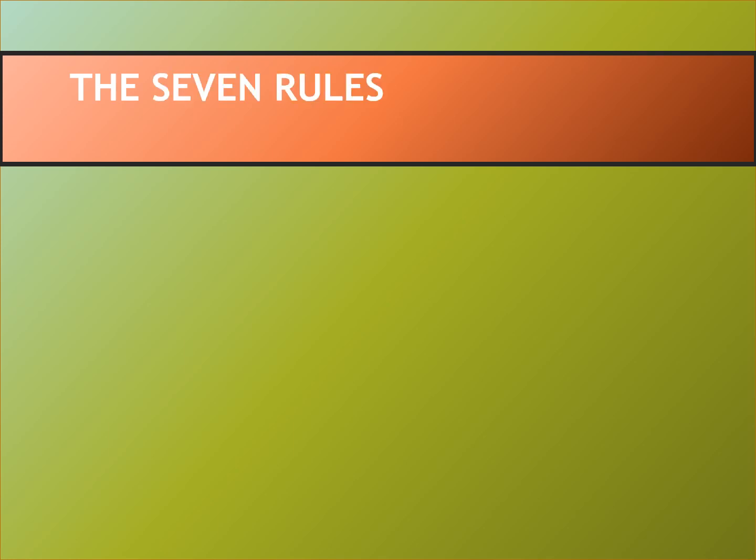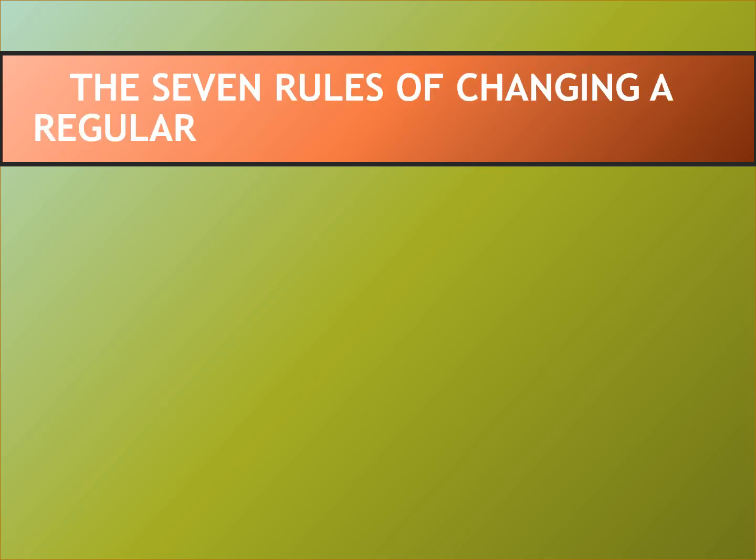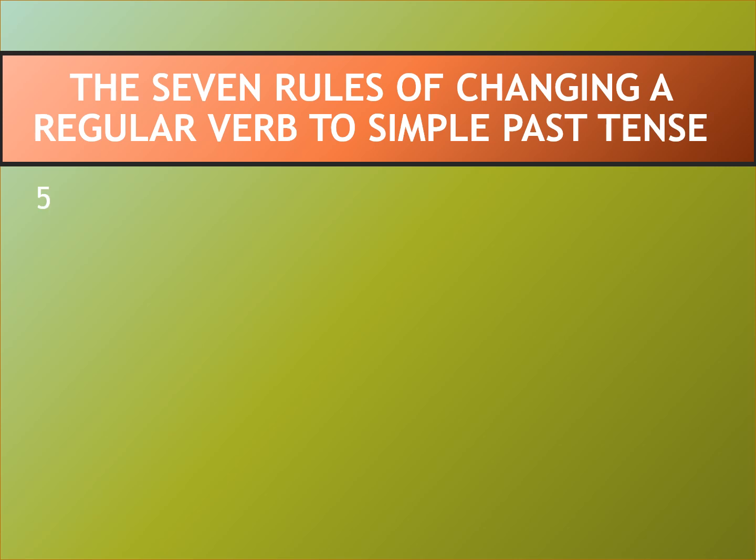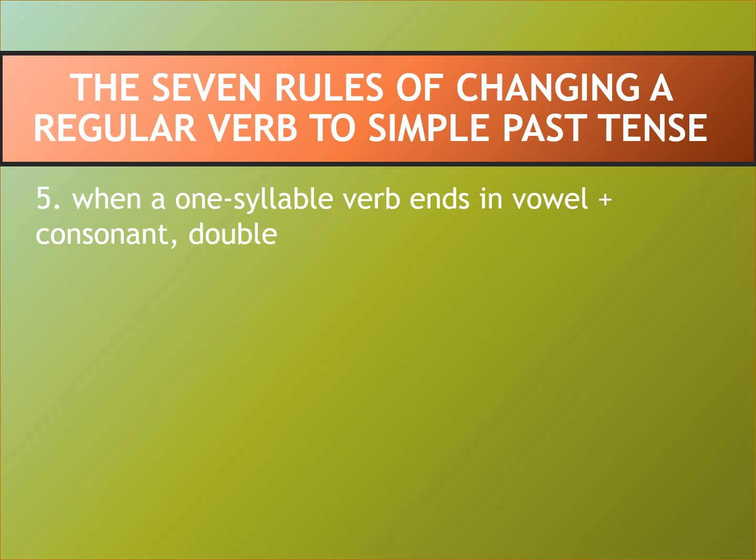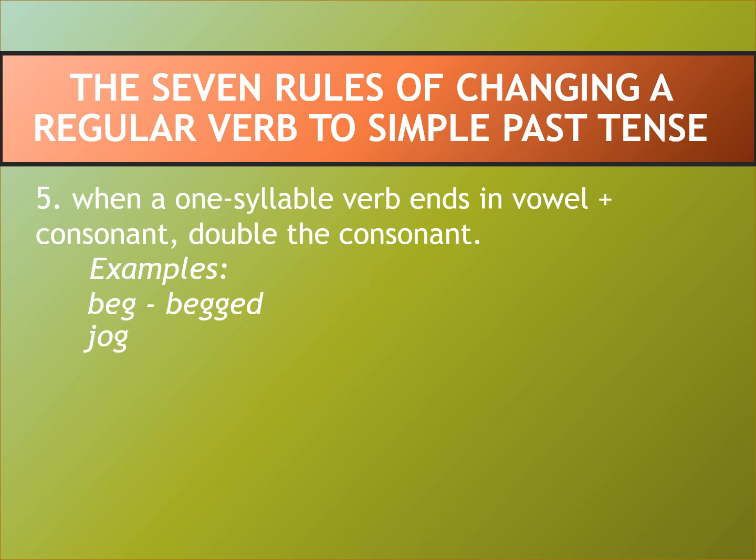Now we go to the 5th rule, wherein the 5th one is when a one-syllable verb ends in vowel plus consonant, double the consonant. Examples: beg, begged. Jog, jogged.